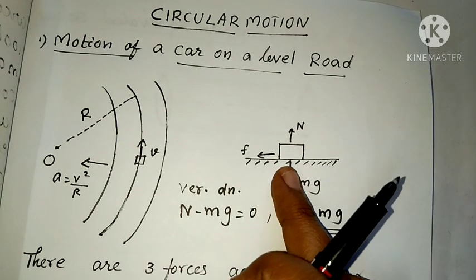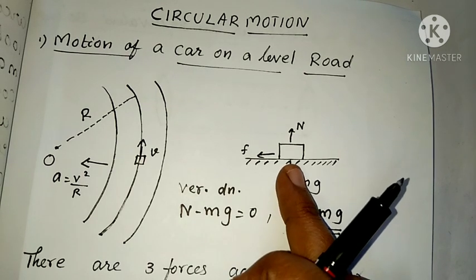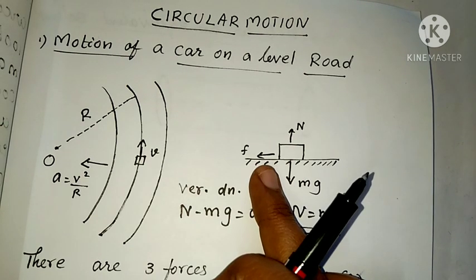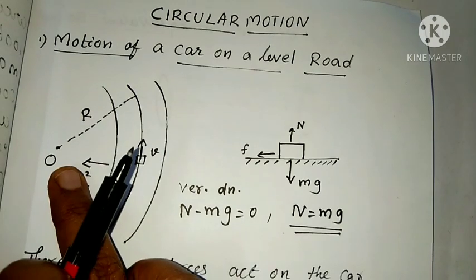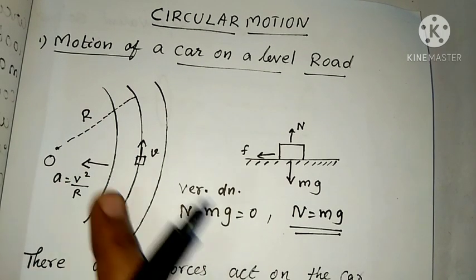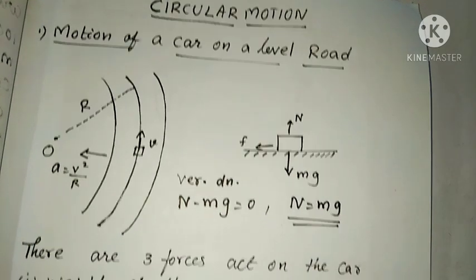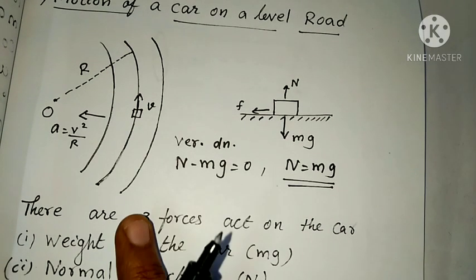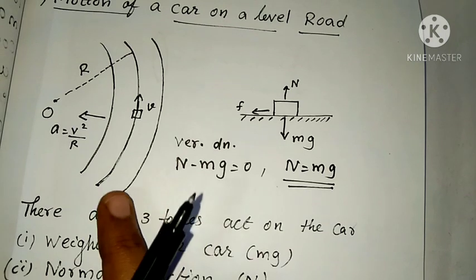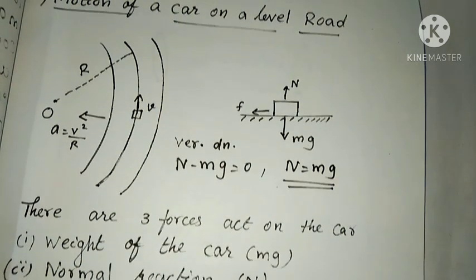This static friction provides centripetal acceleration to the car towards the center, which helps the car to move in a circular path, that is, to stay on this circular level road.